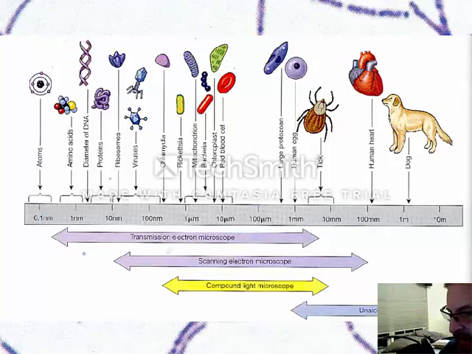And if you have an electron microscope, then you can actually see things like viruses and even some molecules. Okay. You'll notice that you can never see just a single atom of an element.